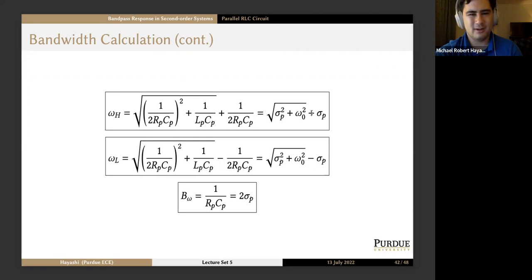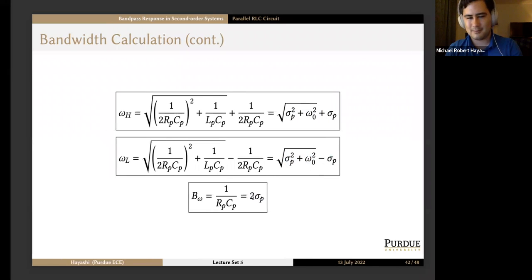So lo and behold, we have these nice exact values for omega H, omega L, and B sub omega, where B sub omega is really, really compact when we write it all out.